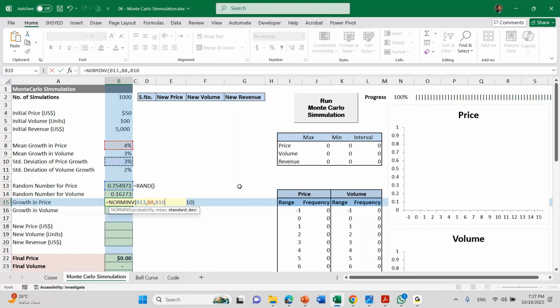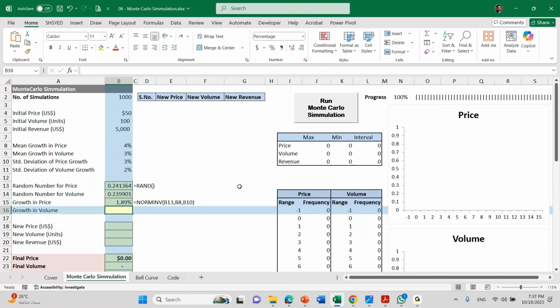This is also historical. With these, it will give me one possible growth in price, 1.89%. Now this 1.89%, when I hit enter in some other cell, will also change. And that is what I actually want. I want this to remain random and change every time I change this.